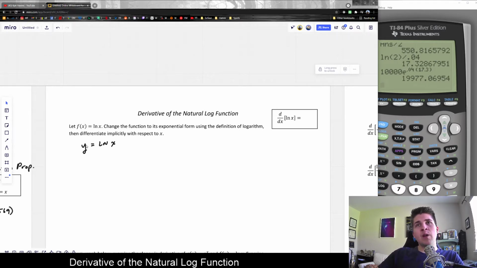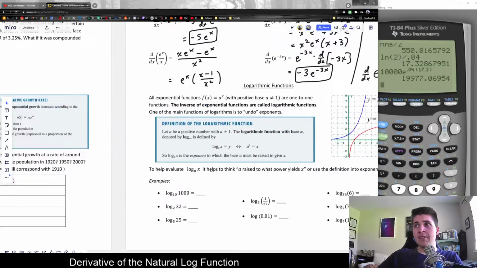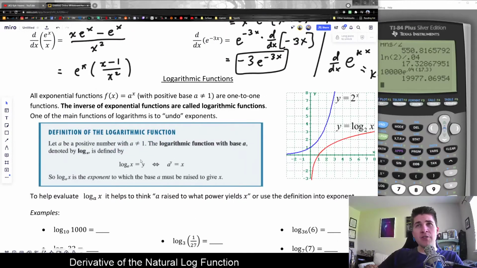One of the things we could do is, since this is a logarithmic function, we could change it to an exponential function by definition, right? Because this is also equivalent to saying this is log base e of x. And by definition, let's go back to that from a few pages ago. The definition of a log function is that a log function can always be changed to an exponential by swapping the location of x and y.